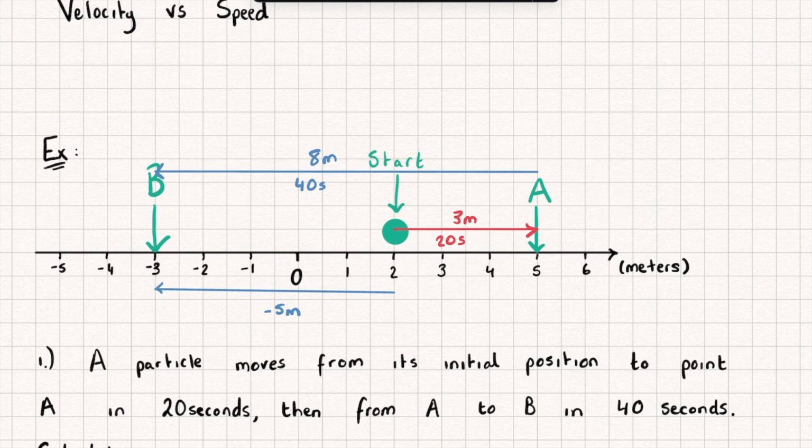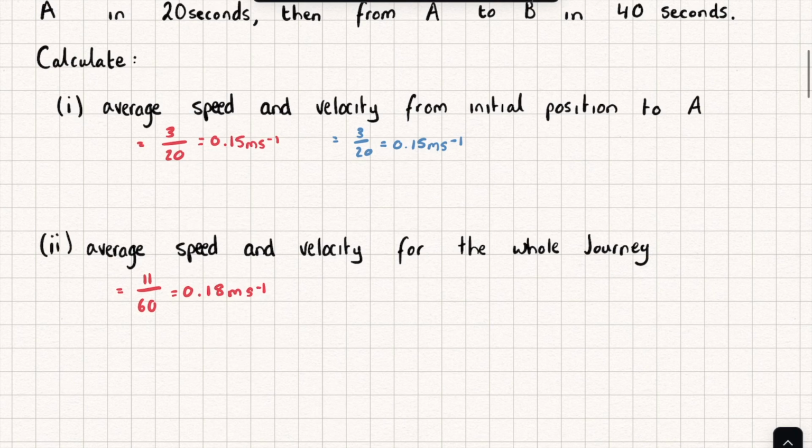So let's note that down. And again, it did that journey in 60 seconds. If we calculate that, I get -0.083 meters per second. And remember, that's negative because velocity is a vector quantity, and so it's overall moving to the left, which means on average its velocity is movement to the left.